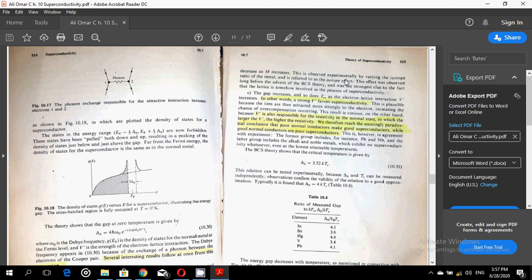Thus, the Cooper pair continues in drift motion indefinitely. It is the existence of these Cooper pairs of electrons, which we called the superelectrons, that short circuit, and therefore the resistance becomes zero.